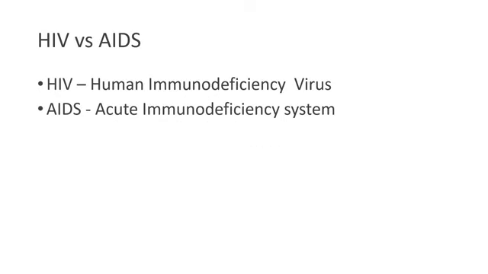So there is an important distinction here. HIV is not AIDS and AIDS is not HIV. So HIV is the virus that infects us, and AIDS is, again, I put immunodeficiency system here. Sorry, it's acquired immunodeficiency syndrome. So that's my error. I apologize. But that's the constellation of symptoms that is late stage infection from HIV.